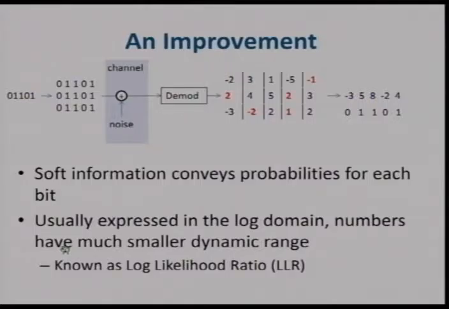And so if a bit is corrupted, you get some noise and a bit is sort of on the boundary, you can say we're not very confident, we're not going to assign much. What's the word I'm looking for? Anyway, you can see that in this example it works better. We usually use the probabilities in the log domain because it makes numbers a lot easier, such that a positive number is a 1 and a negative number is a 0, and 0 is we're not sure.